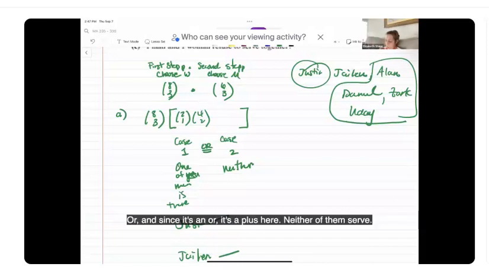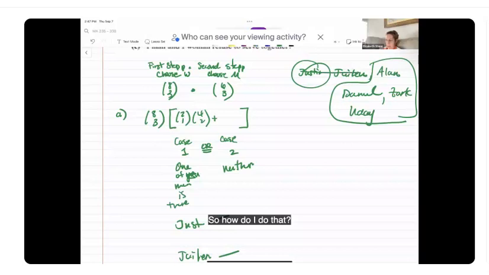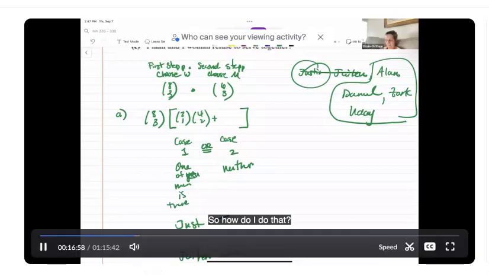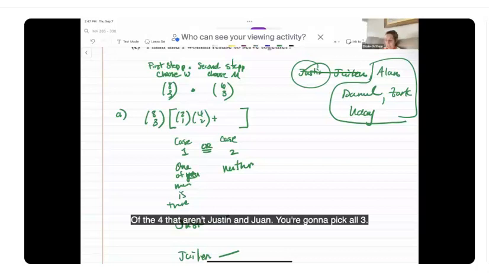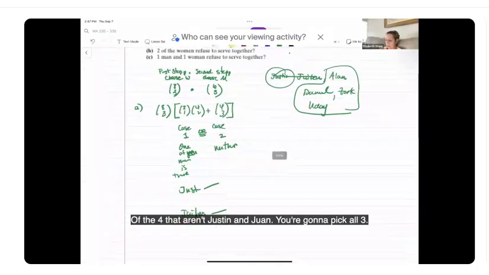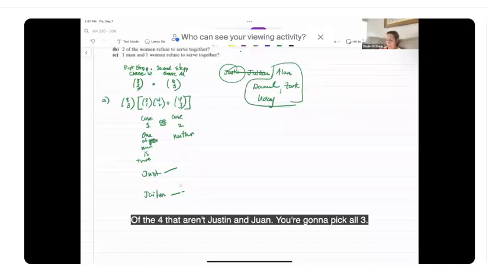Or, and since it's an or, it's a plus here. Neither of them serve. So how do I do that? Of the 4 that aren't Justin and Jalen, you're going to pick all 3. That makes sense?